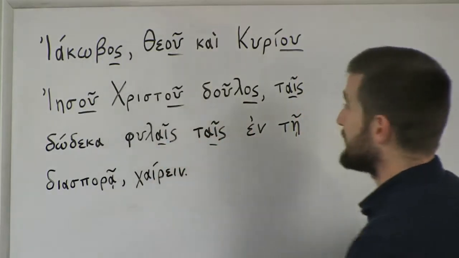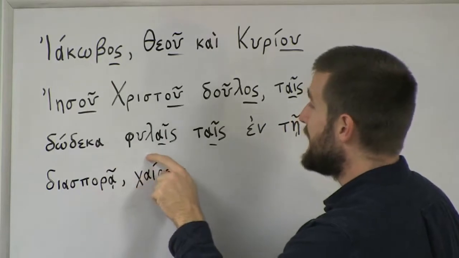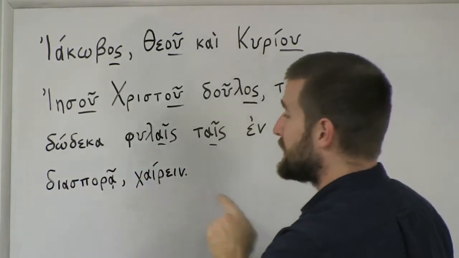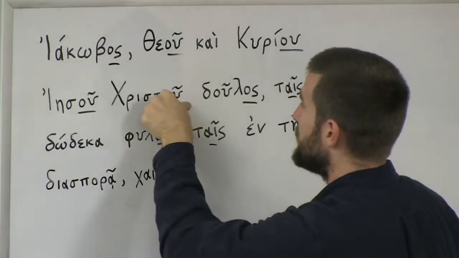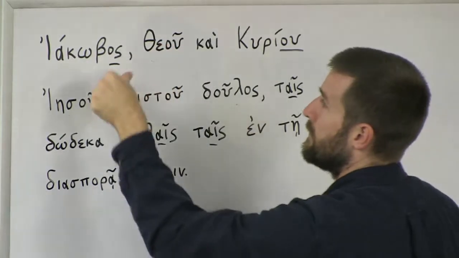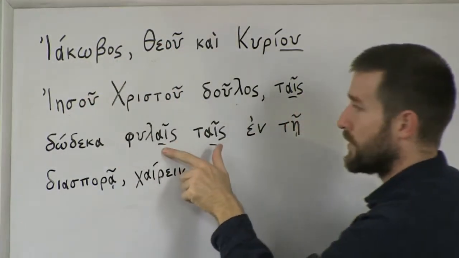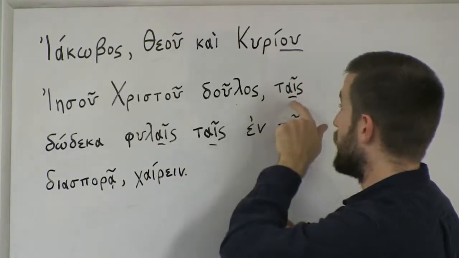So let's look at the next half of the verse here. It says, tes dodeka philes, tes enti diaspora, cherin. Now I've underlined some of these diphthongs for you to help you notice them in the second half of the verse here. And it's this alpha iota diphthong that I want to draw attention to.